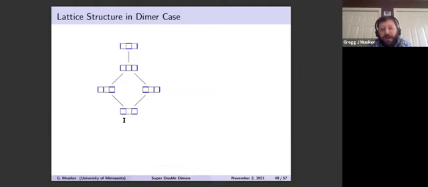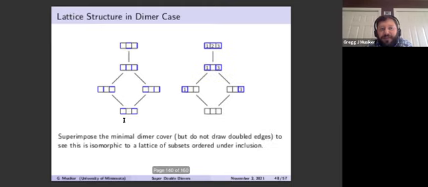So let me talk about some applications. Let me remind you, in the ordinary dimer case, that there's this distributive lattice structure on dimer covers on a bipartite graph that is mimicked by taking a minimal matching and twisting two vertical edges into two horizontal edges, or vice versa.